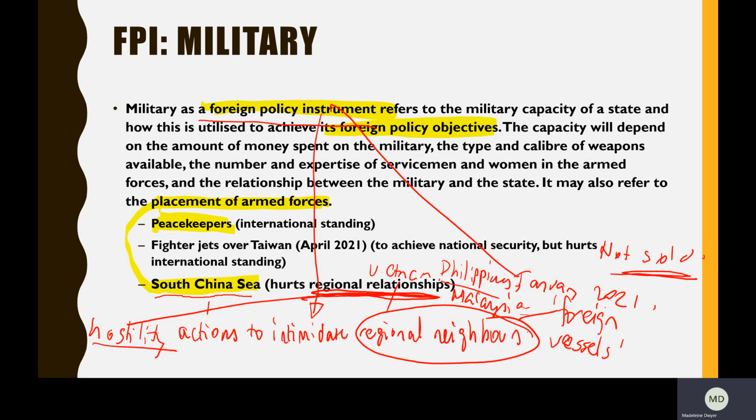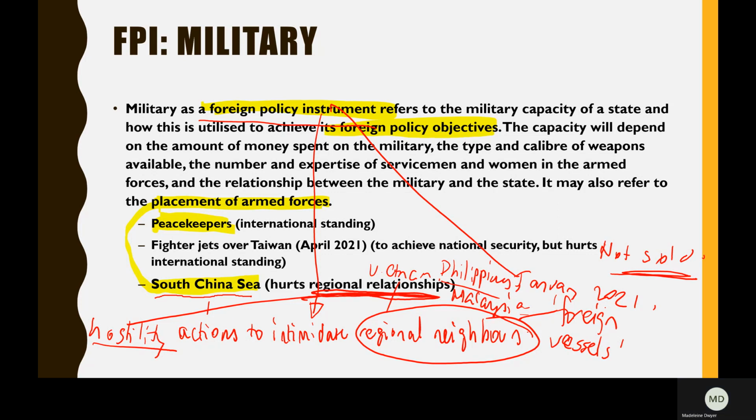It's resulted in the Filipino foreign minister publicly telling China to get the F out of the region, which is showing hostility, and further on has led to the US and the Philippines being drawn into a relationship with each other, which could harm China's national security, because it means that a powerful state such as the US could work with the Philippines if they did come into conflict.